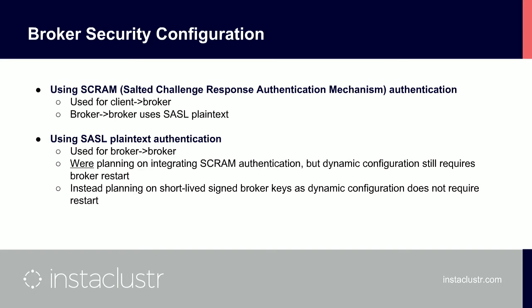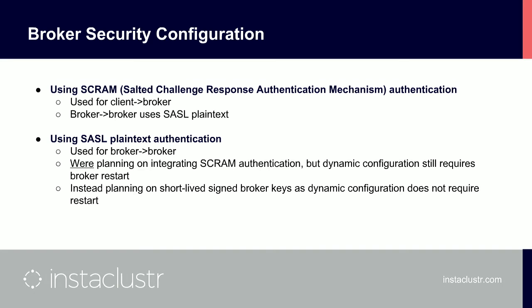So the reason we use the plain text for broker-to-broker, we were planning to use the SCRAM authentication as slightly more secure and more modern. But once we actually got to implementation, we found that although it's noted in the documentation as dynamic configuration, it actually requires you to do a broker restart to rotate the credentials, and we didn't want an automatic process that was restarting brokers every time we needed to do a credential rotation.